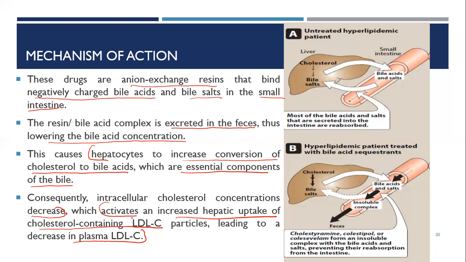To compensate for that deficiency, a compensatory increase in the production of bile acid is initiated in the liver, and thereby there is a decrease in the cholesterol levels of the liver, an increase in the expression of the LDL receptors on the hepatocytes, and an increase in LDL uptake or endocytosis by the hepatocytes.